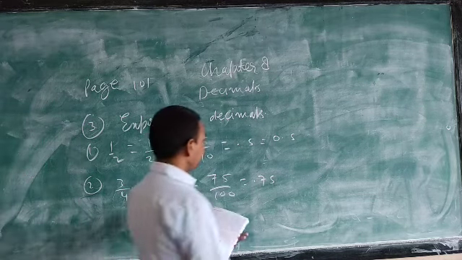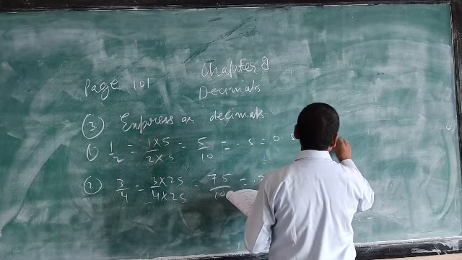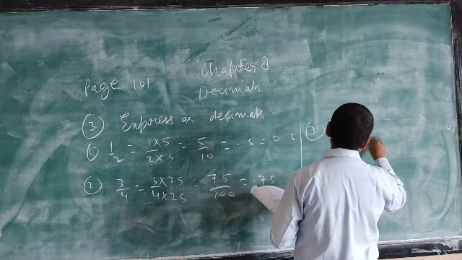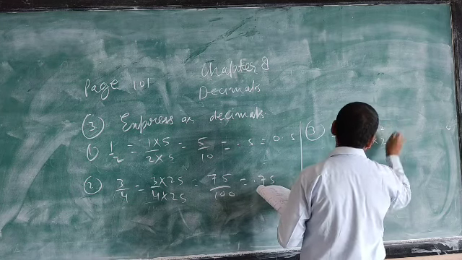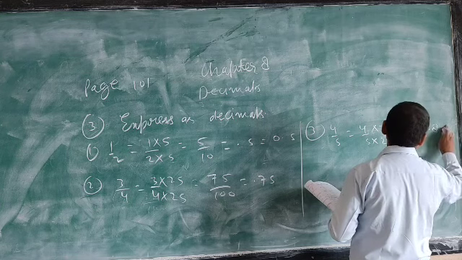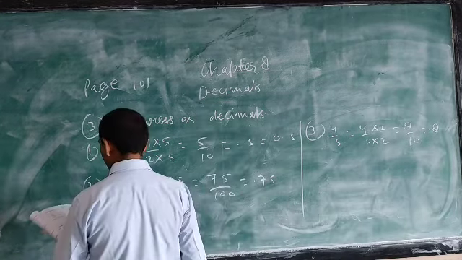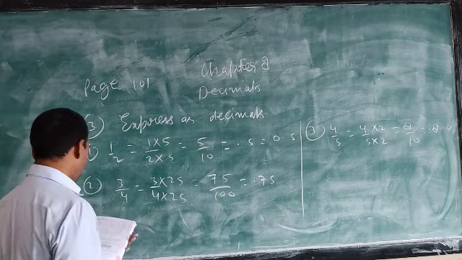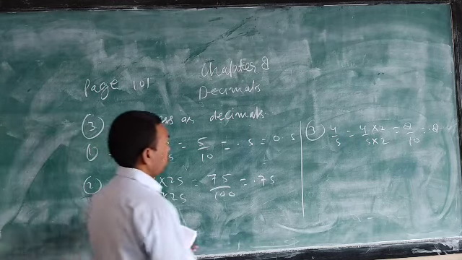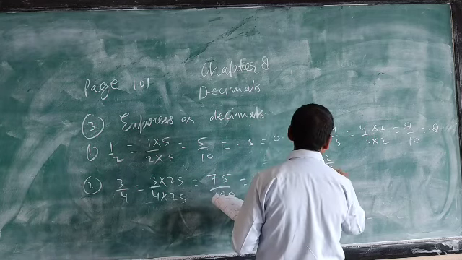And third one, here given 4 by 5. So we know 4 by 5, and the multiple of 5 will be 10. So 8 by 10. This becomes 0.8. Suppose this is 1 and 2 by 5.